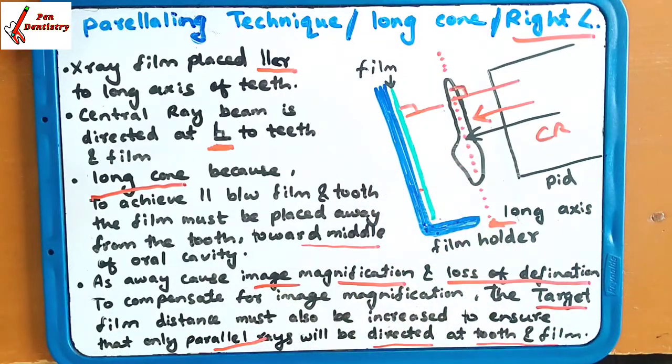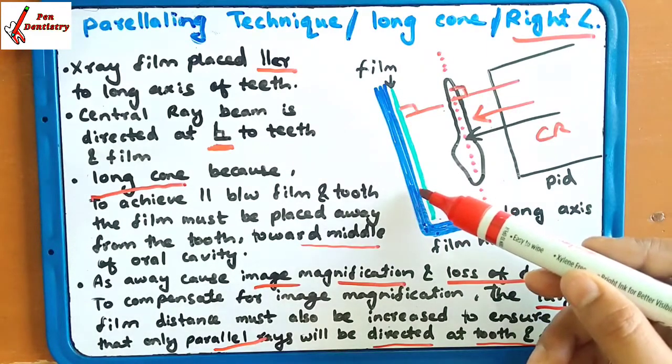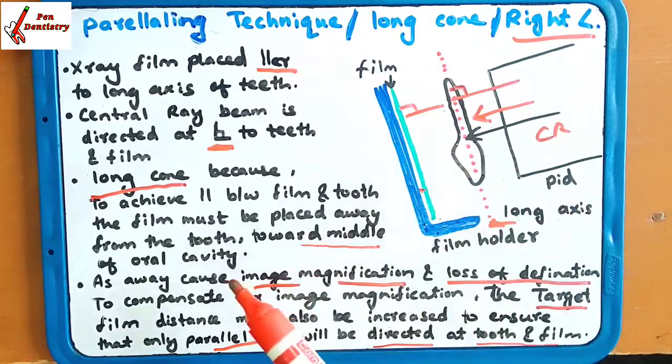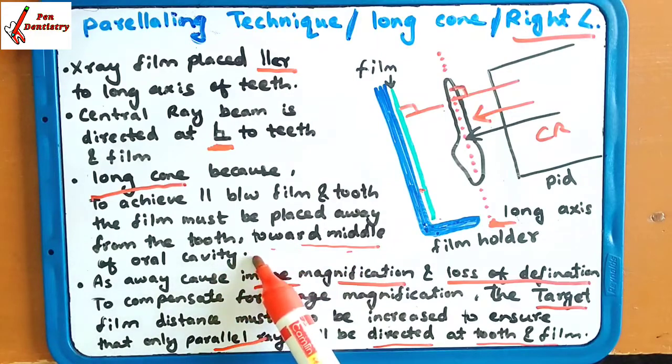So the target is increased for compensation. Now we are not placing the film that much away from the tooth towards the midline of the cavity, because we have done the compensation here. Hence it is known as the long cone technique.